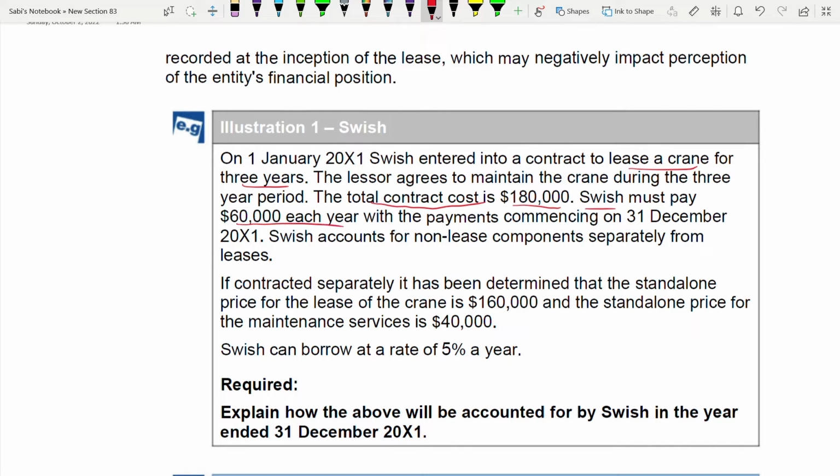That means 60, 60, 60 for the 3 years, so it adds up to 180. They also have a maintenance service component. Here are the standalone prices for both: for the crane, it is 160, and for the maintenance service, it is 40. The borrowing rate is 5%. How do you account for it on 31st December 2001?